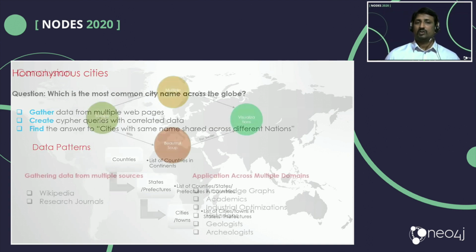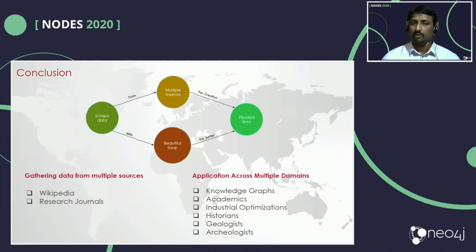Just coming to the conclusion. This talk was about scraping data from multiple sources with Beautiful Soup for creating better visualizations. When we don't have any data set readily available and you want to create a visualization and you have an idea to create something new, definitely the internet is our database. By finding a few data patterns, we can create some amazing visualizations using technologies like Neo4j.